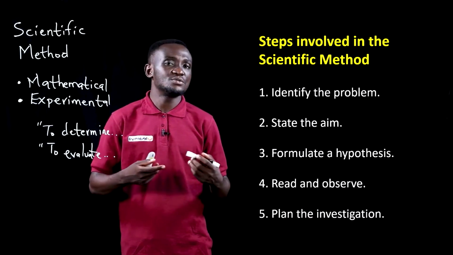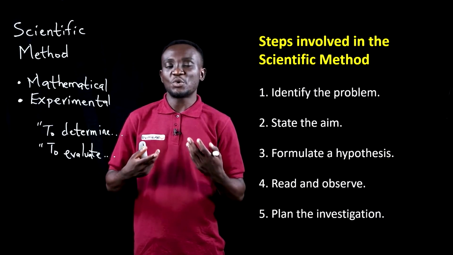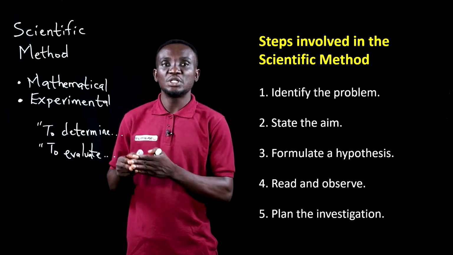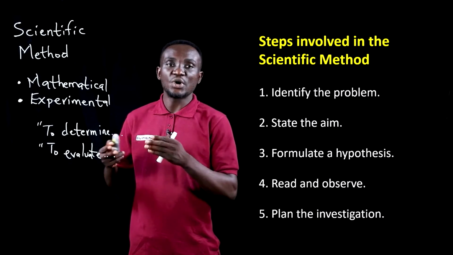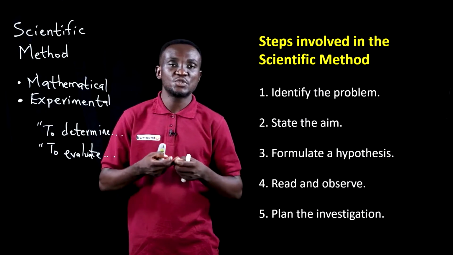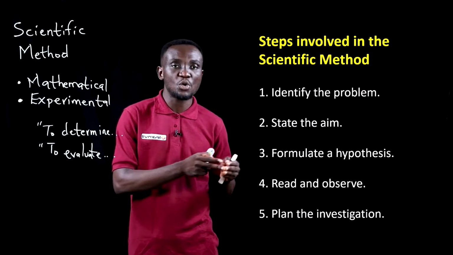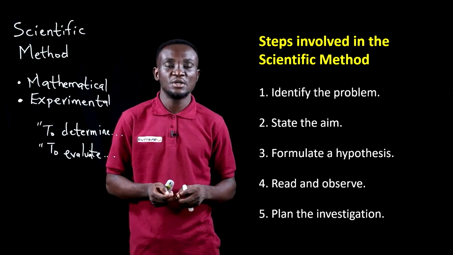In the case of to determine, you might want to compare why people living in rural or slum settlements tend to develop malaria more than people in well-developed communities or in urban settlements.